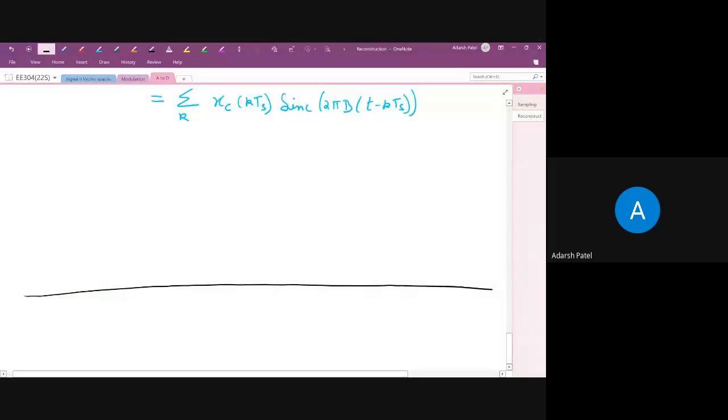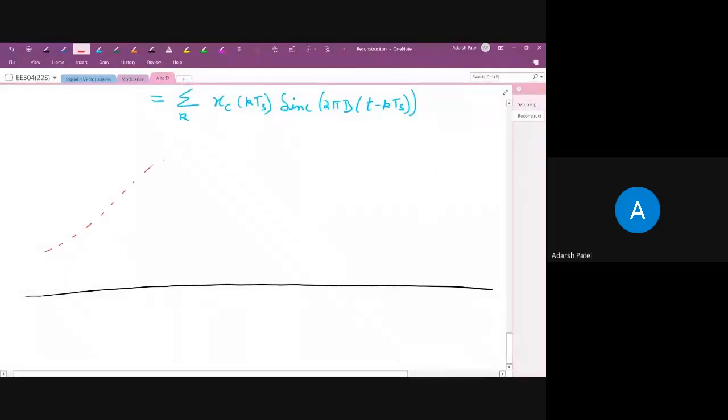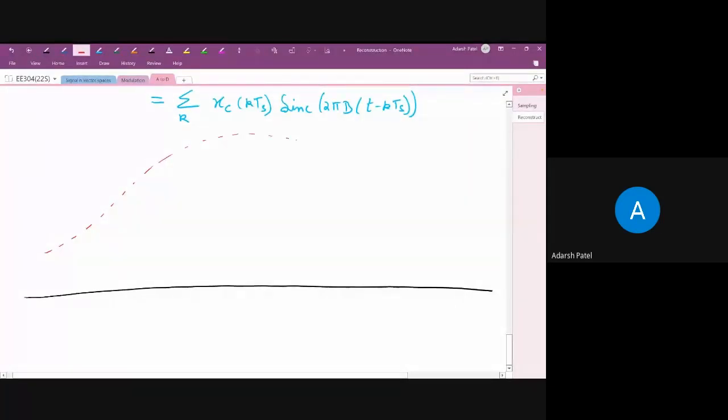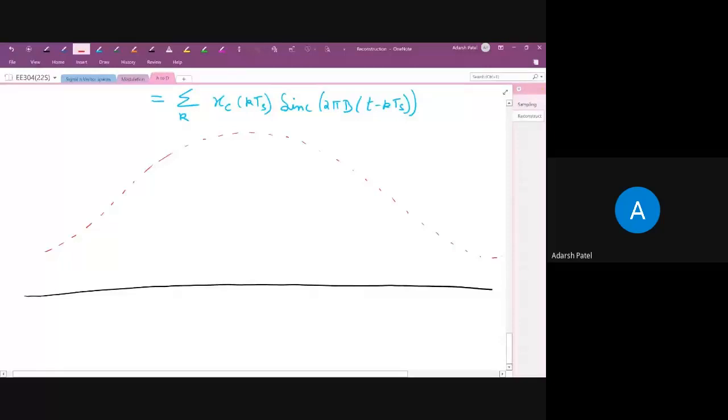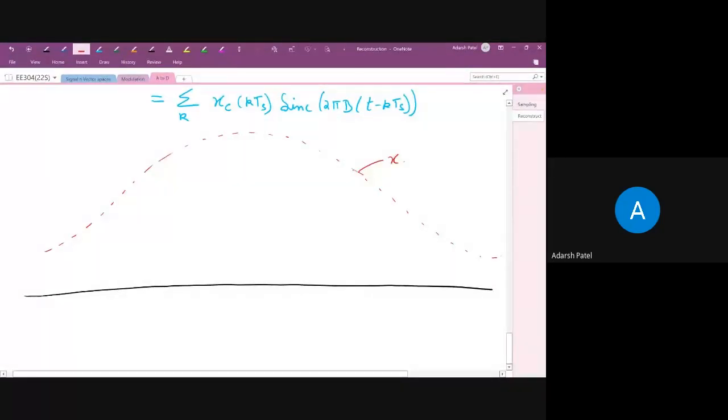So this was the message signal. Let me zoom in and then draw this. This is the message signal x_c(t), and we knew that the impulses are sitting at nT_s. Let this be nT_s.